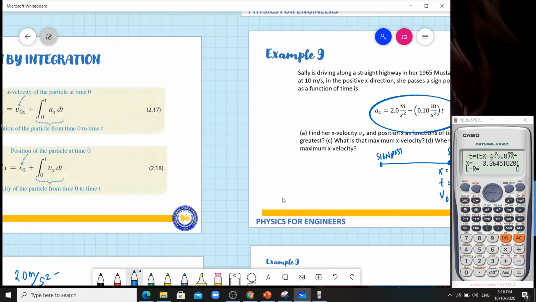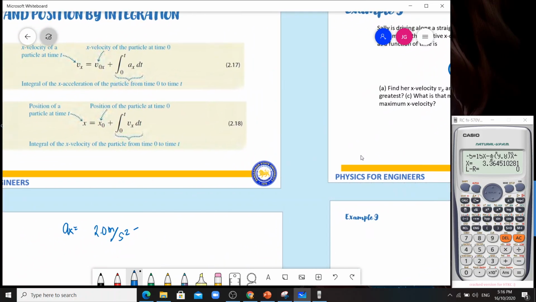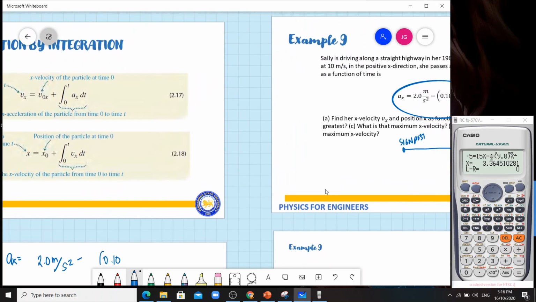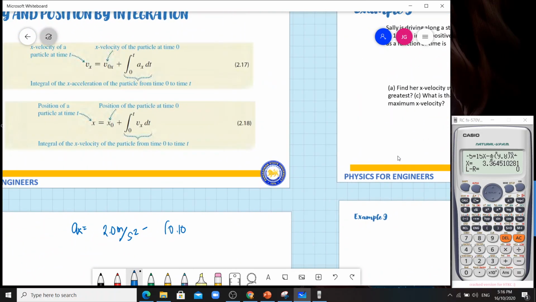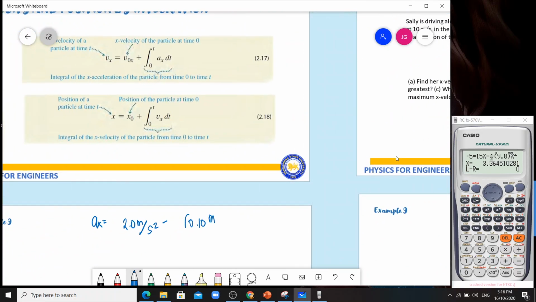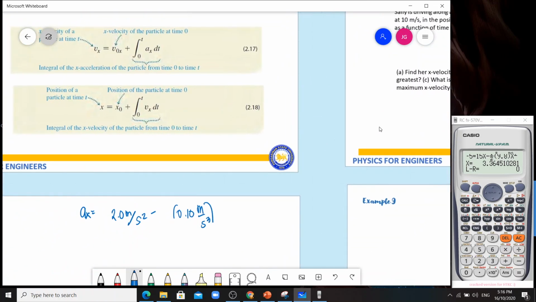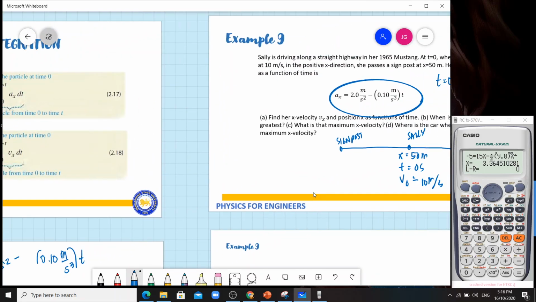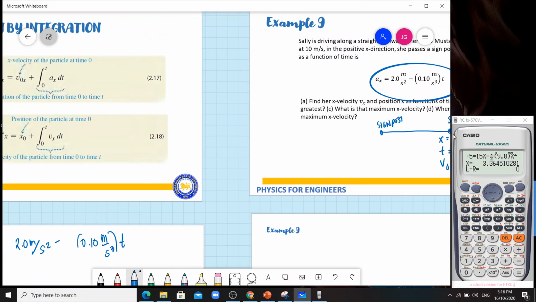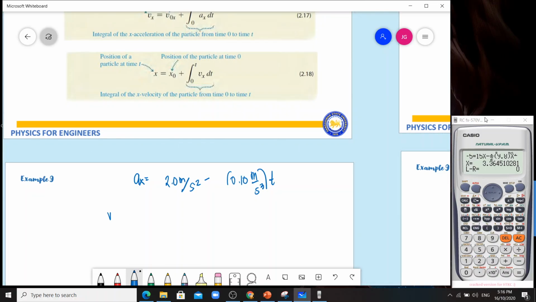minus 0.10 meter per second cube t. Okay. Ang hinahanap sa A is Vx as a function of time. So, di ba, ang A is equals to dV over dt. Okay?